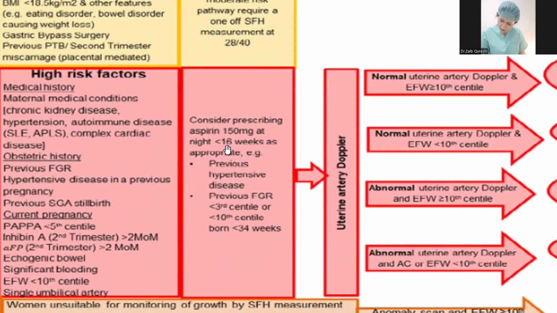You have to give high dose aspirin, 150 milligram at night, less than 16 weeks as appropriate. For example, to the women who have had previous hypertensive disorders, previous FGR less than 3rd or 10th centile, and the babies were born less than 34 weeks as well. So this aspirin is going to give good results in this set of women.